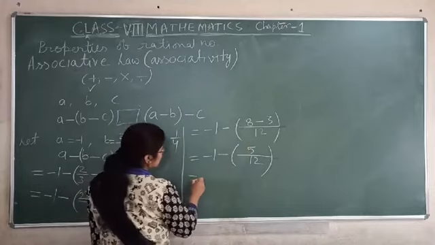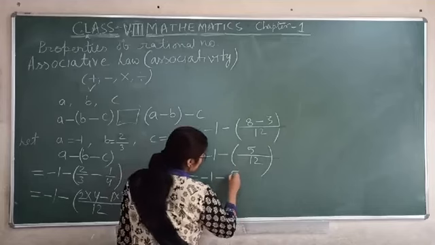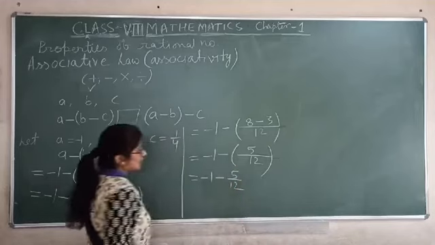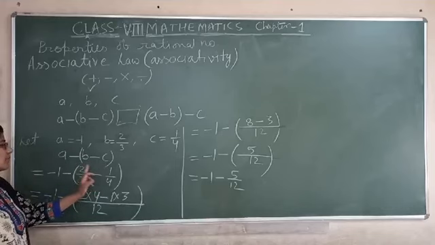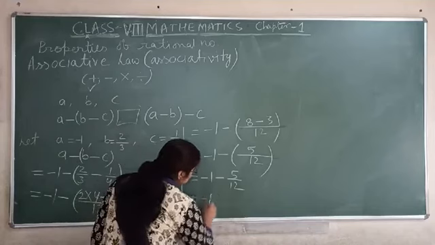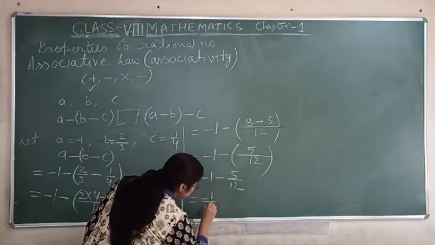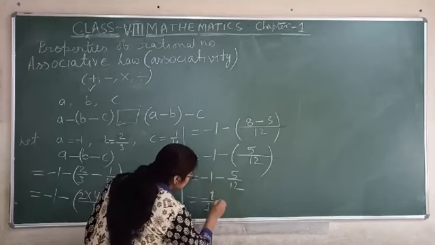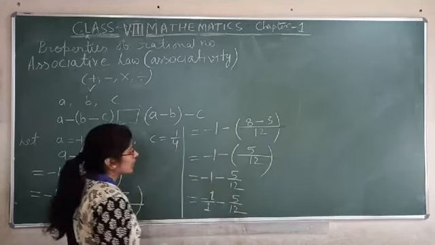Then you have minus 1 minus 5 upon 12. Now we have to calculate this one. Whenever there is a bracket, first you have to calculate the bracket portion. Minus 1 you can write as minus 1 upon 1, then minus 5 upon 12.